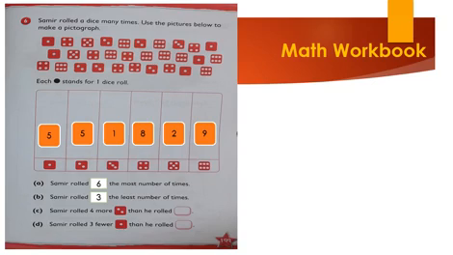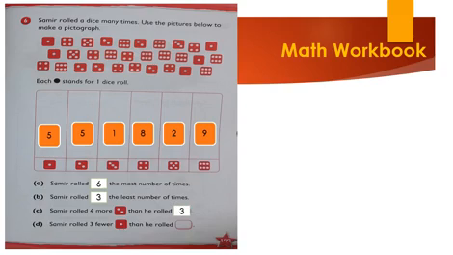If you look at the pictograph, how many times did Samir roll the 3 dot dice? Okay, only 1. Now, Samir rolled 4 more 2 dots than he rolled the other dots. Which dice is less than the 2 dots? Okay, so the 3.